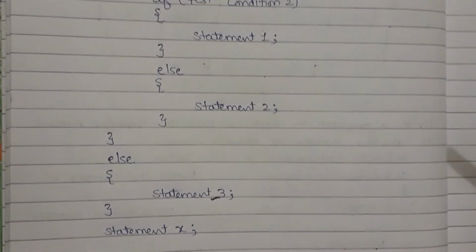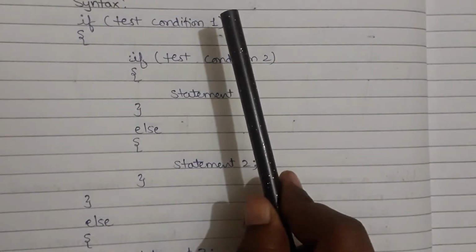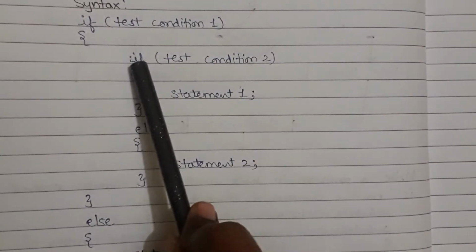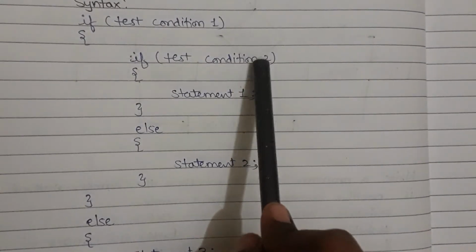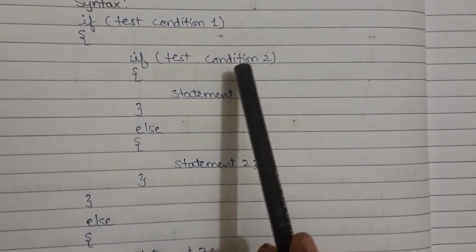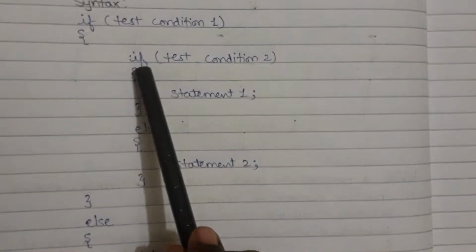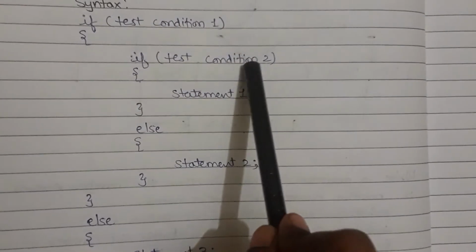Now the second case: if test condition 1 is true, it comes within this if block and checks the second condition. If this condition is false, it skips this part and comes to the else part.